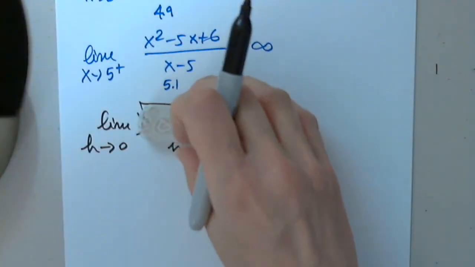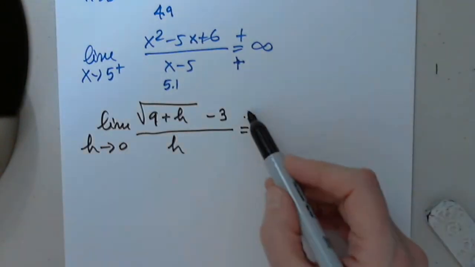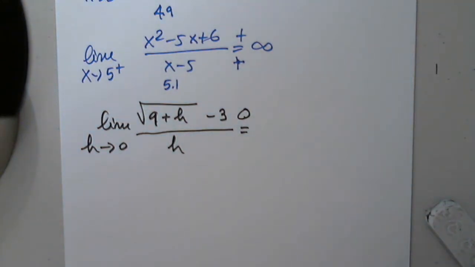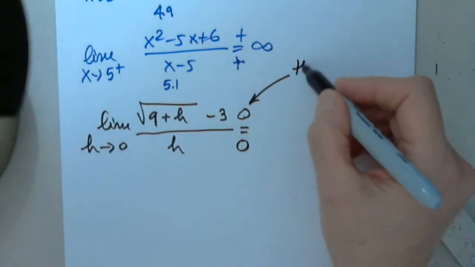Plug in 0. Thank you. Very good. Okay, so where does the numerator go when we plug in 0? 0. Excellent. Where does the denominator go when we plug in 0? I know it's silly. Good. Also 0.